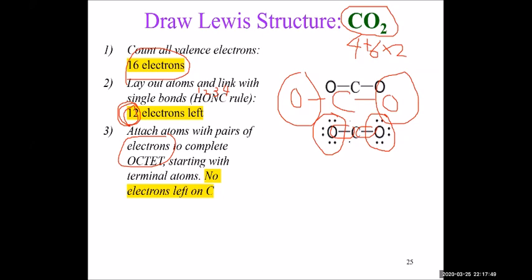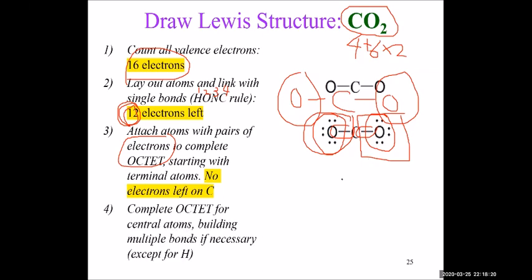This oxygen has 6 plus 2 more, that's 8. The other oxygen is the same, because they have exactly the same bonding situation: 6 here and 1 bond, that's also 8. Both are 8, adding together gives 16. So I don't have any electrons left. This carbon has no electrons to stay, because I ran out of electrons.